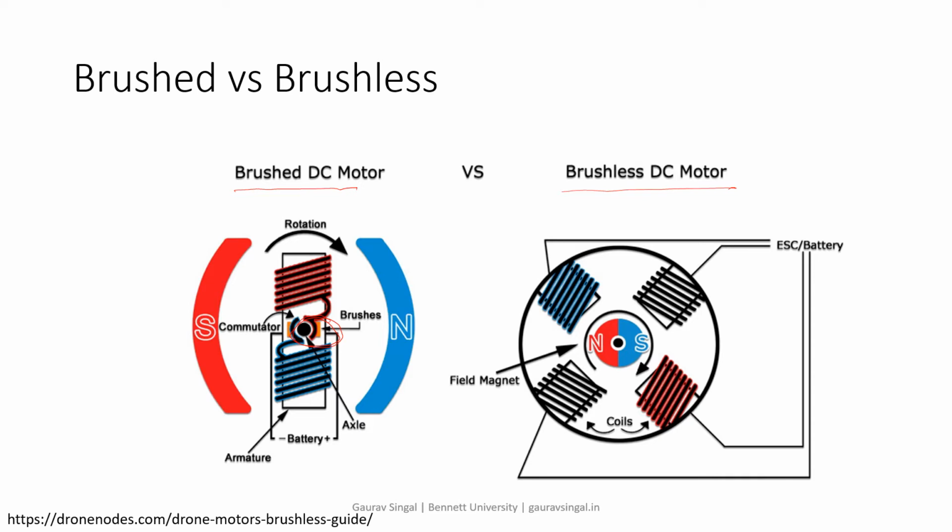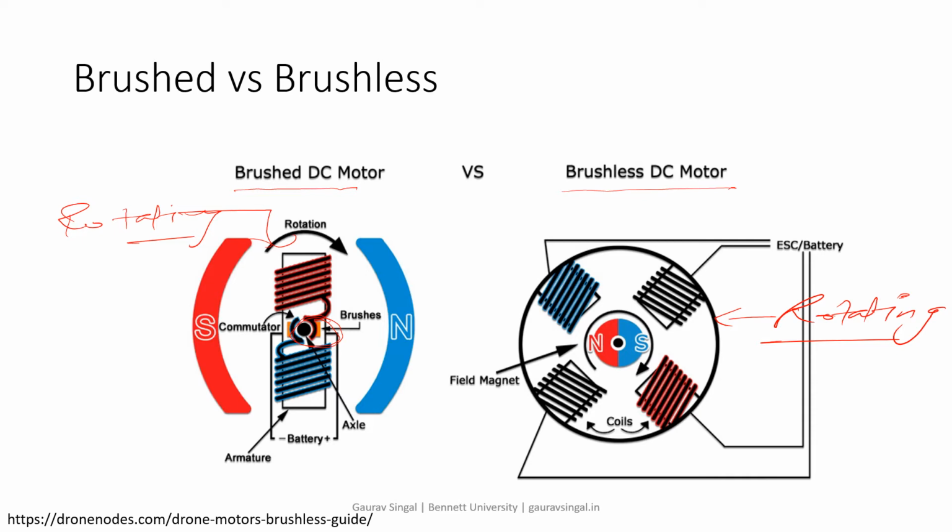But in this you will see the inner part is rotating, but here the outer body is rotating. Here where the winding is there, that part is rotating, but here the winding part is not rotating, that is fixed.